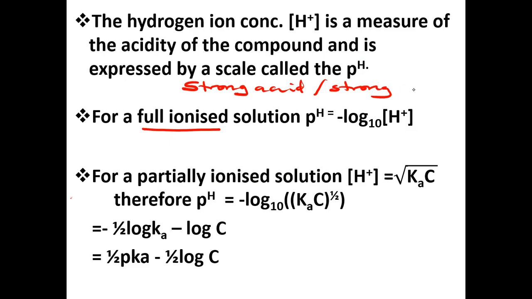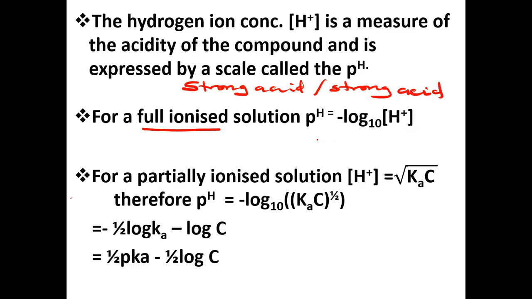So a solution of a strong acid or a strong base is what we call a fully ionized solution. Why? Because a strong acid and a strong base are able to break down completely in solution, or ionize completely in solution, and so qualify to be called a fully ionized solution.